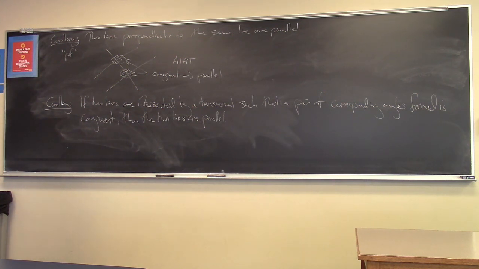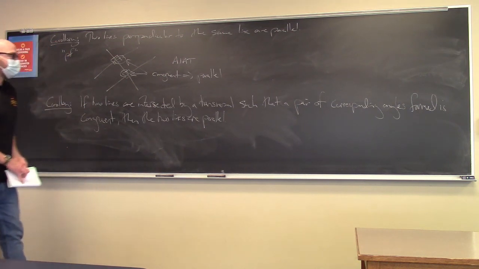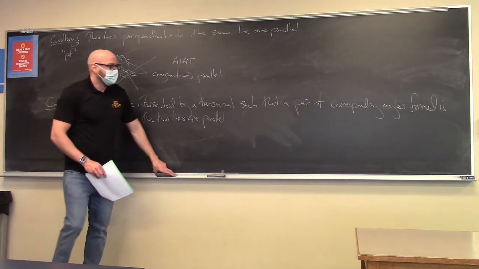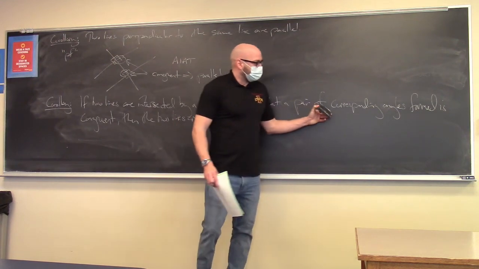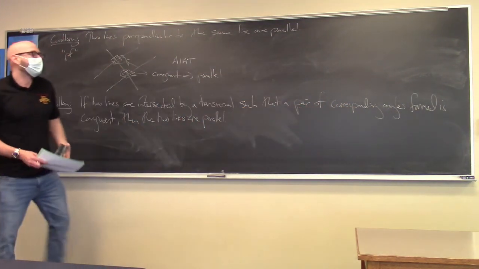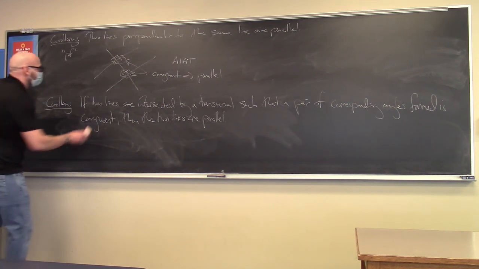So it reads a whole lot like the alternate interior angle theorem, and it's implied immediately. The implication should go both ways. I might assign this one for homework, so I don't want to talk about it too much, but it's not hard to see that if you have congruent corresponding angles, then you must have a pair of congruent alternate interior angles. Just use vertical angles there, I think.